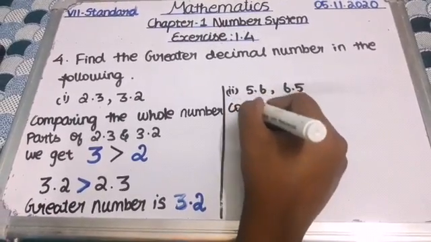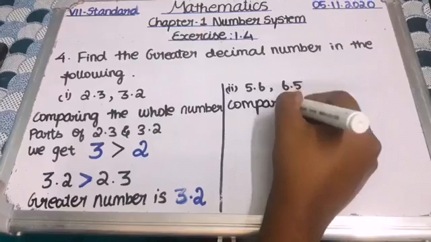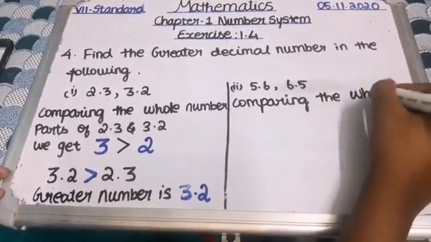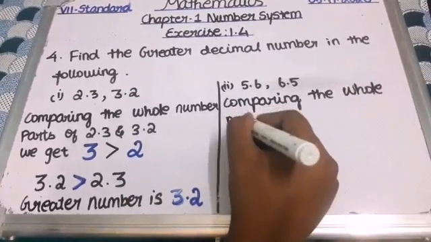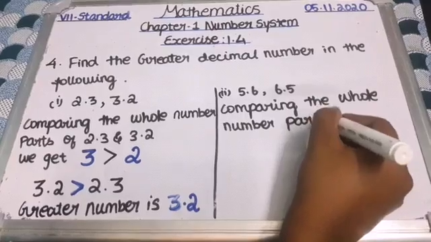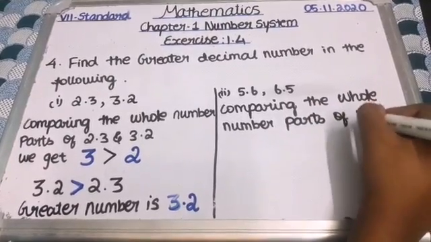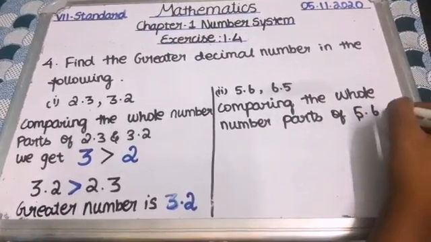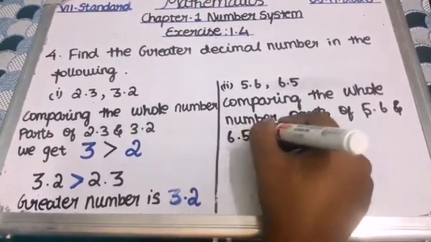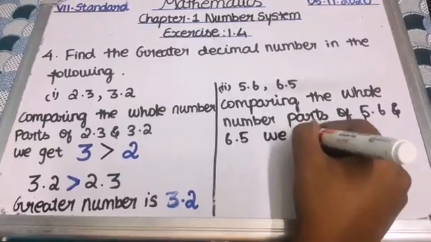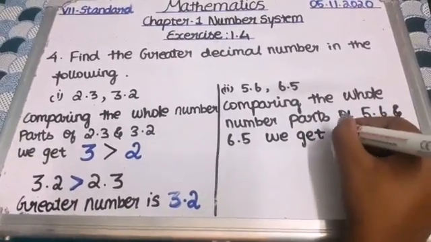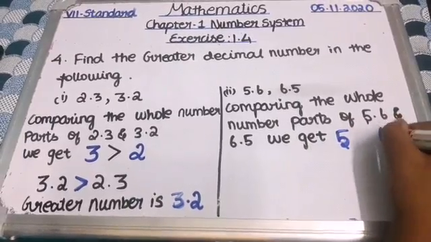So comparing the whole number parts of the decimal numbers given here, 5.6 and 6.5, we get 5 and 6.